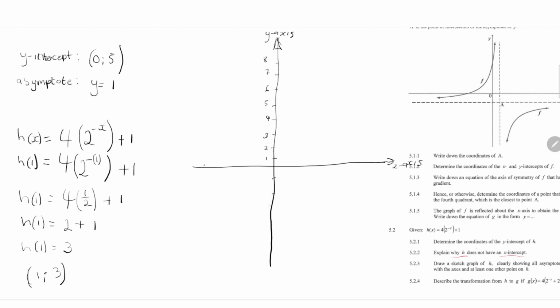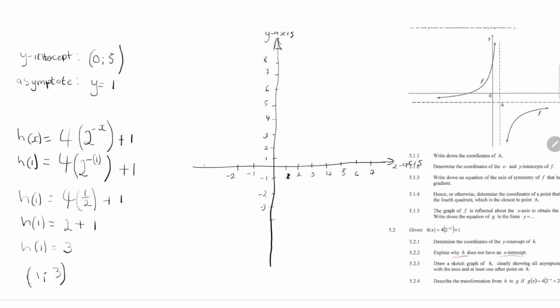Okay, maybe let's just say -1, -2. We have 3. Also -1, -2. Okay, 1, 2, 3, 4, 5, 6, 7.